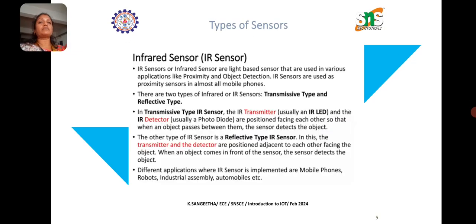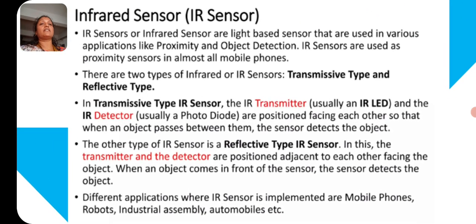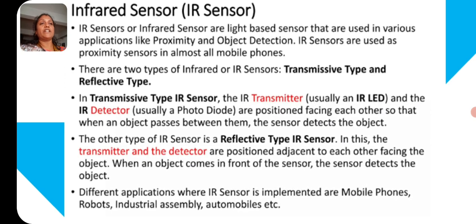So next, infrared sensors, that is IR, shortly it is called IR sensor. The IR sensors are light based sensors that are used in various applications like proximity and object detection. The IR sensors are often used as proximity sensors in almost all mobile phones. There are two types of infrared or IR sensors, that is transmissive type and reflective type.